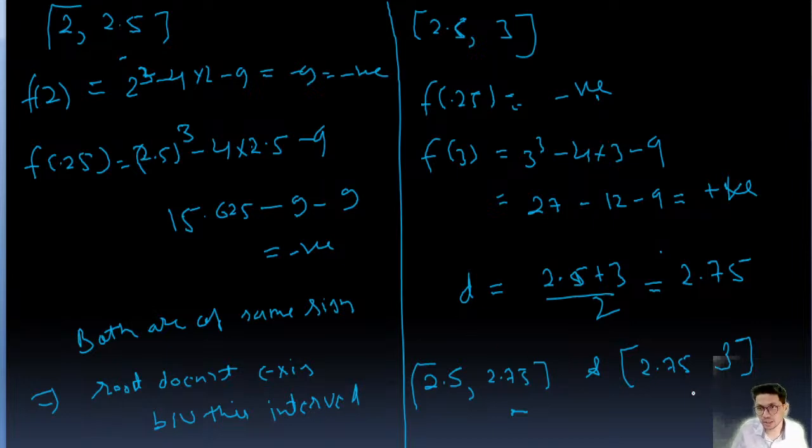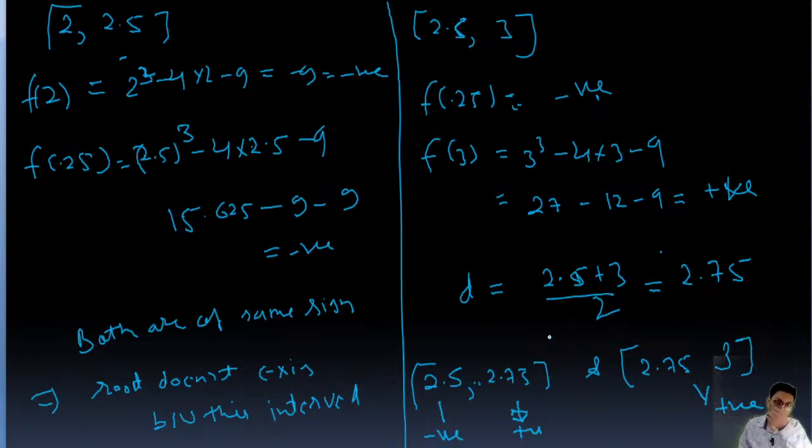If you check f(2.75) and f(3), both are positive sign. But here this is negative sign and this is positive sign. So the root will exist between 2.5 and 2.75. In this way we find E: we add these and then divide by 2, so then this will be the root.